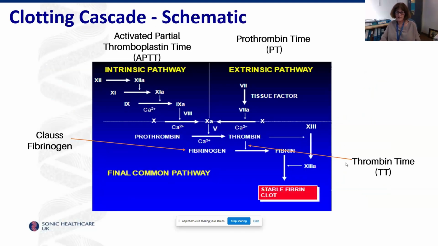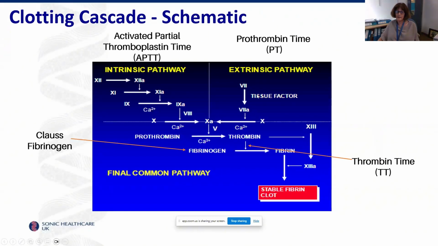We divide that pathway up into the intrinsic pathway, and we know that the APTT measures the overall function of these factors in this pathway to a fibrin clot. When we do a prothrombin time, we're looking at the extrinsic pathway.